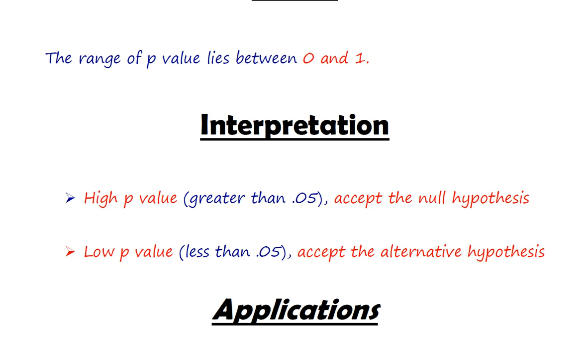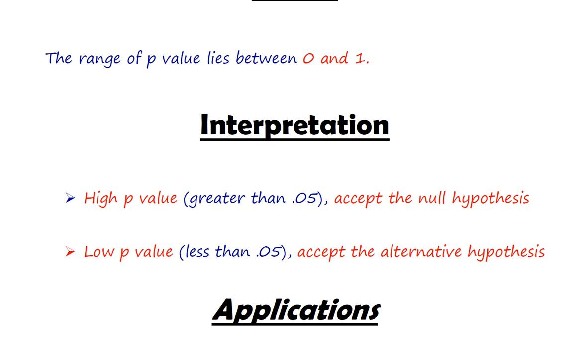Interpretation, how we interpret p-value in hypothesis testing. If we have high p-value, meaning greater than 0.05, and 0.05 is the cutoff point, in that case we accept our null hypothesis, it means our statement about null hypothesis is correct.